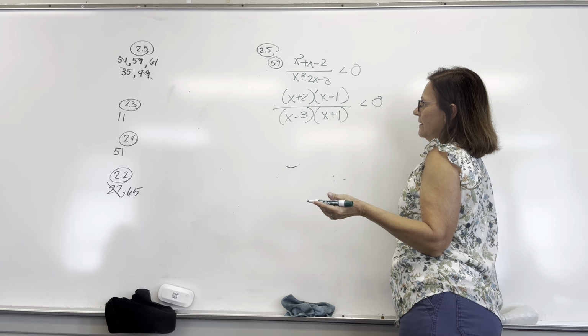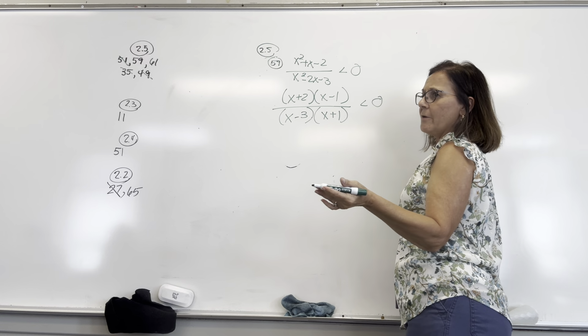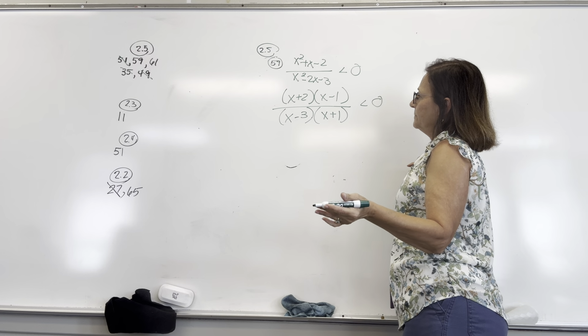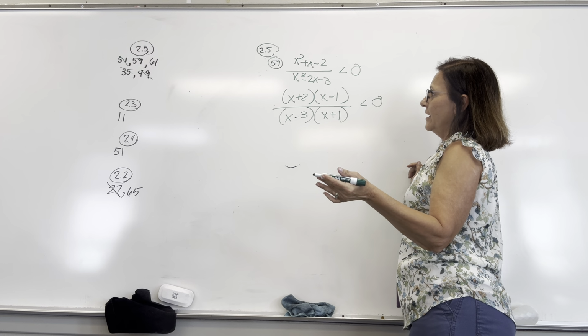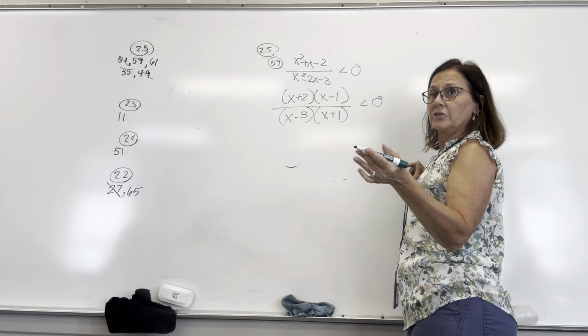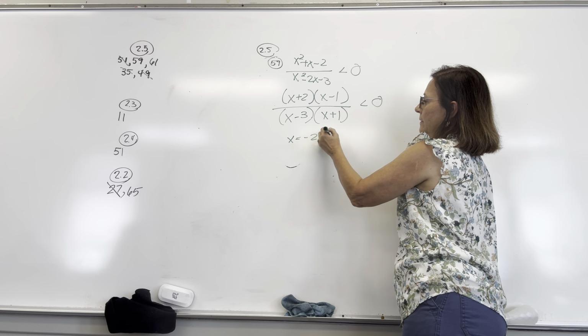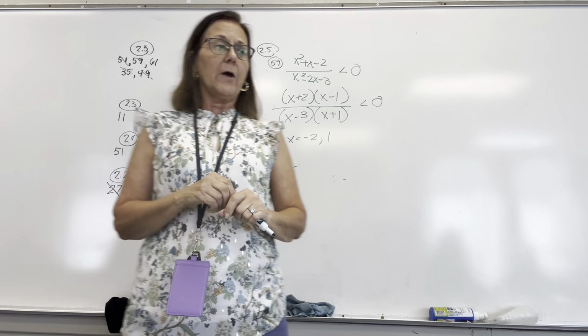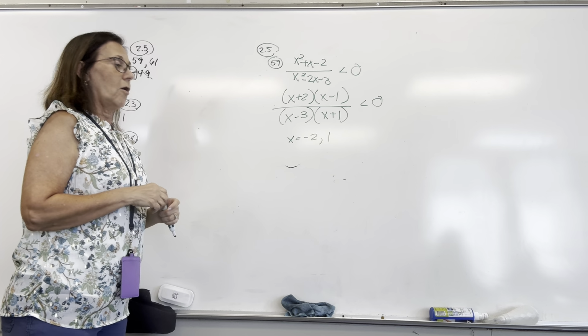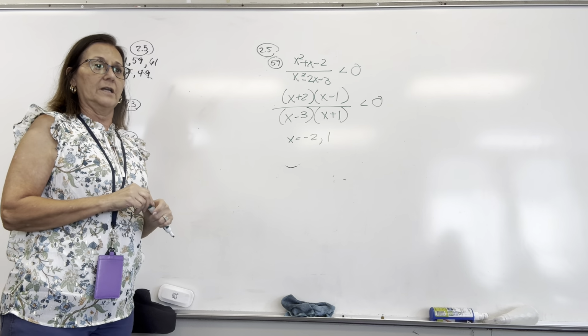So, there are no zeros in the numerator that make the denominator 0. So, you're just looking at the zeros of the numerator. Can you repeat that? There are no zeros of the numerator that are also zeros of the denominator.